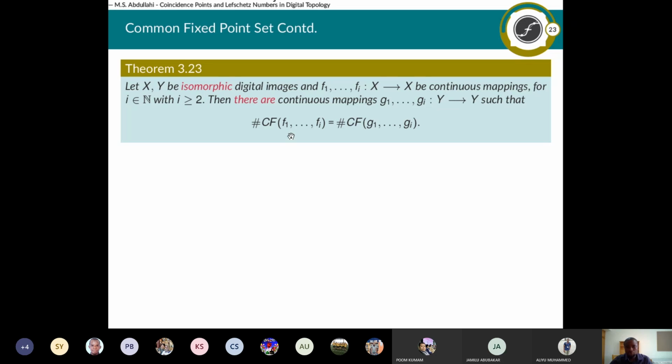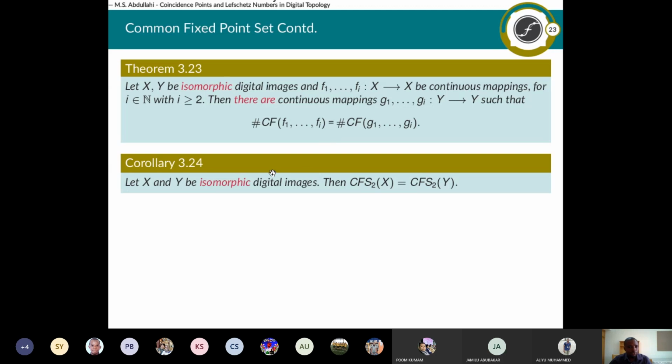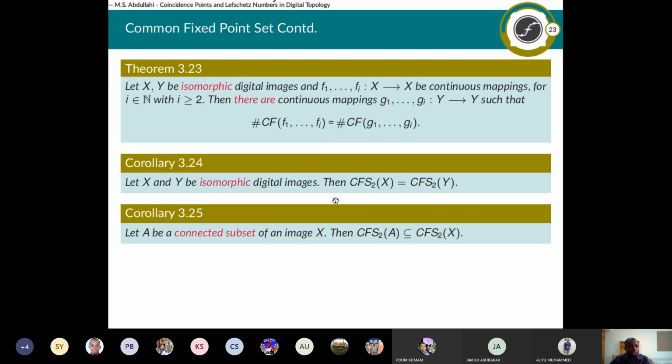Similar to what transpired in the previous part, we also show that an isomorphism will preserve the number of common fixed point sets, and it will also preserve the homotopy common fixed point spectrum.